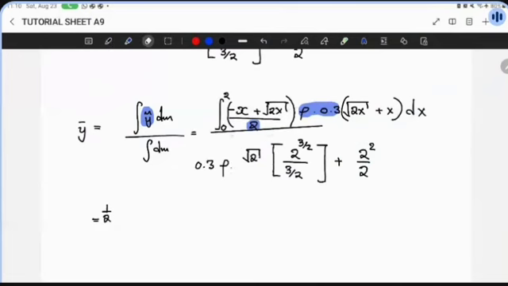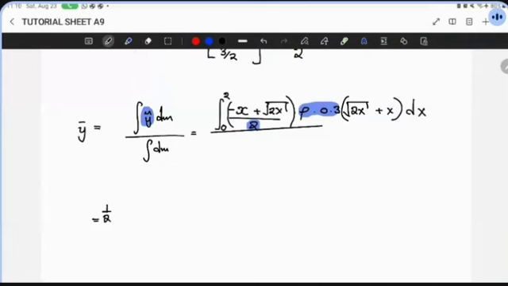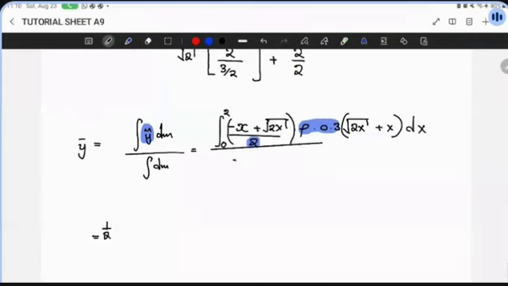But if you're not comfortable with this, you can show the integral first at this stage and then simplify to what the integration will reduce to in the next step. Perhaps let me do that. So I'll show the integral, and that will be, so this is dm, the integral of dm.